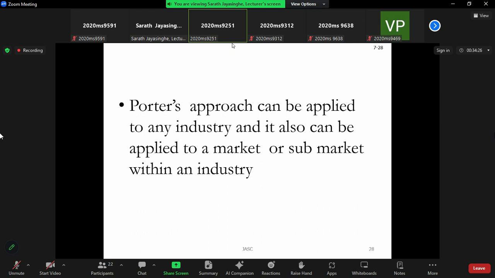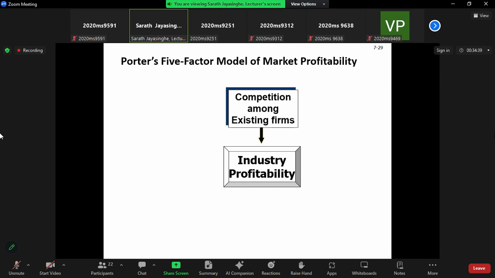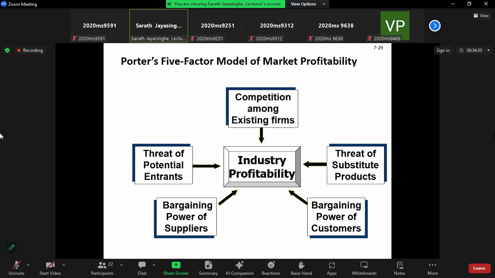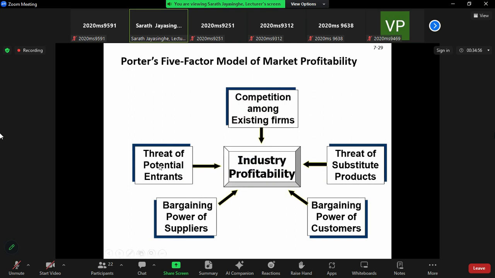Porter's five forces. Very good. Five forces model. So under the five forces model, what are we trying to do? Industry profitability, and we consider competition among existing firms, threat of substitute products, bargaining power of customers, bargaining power of suppliers, and threat of potential entrants.